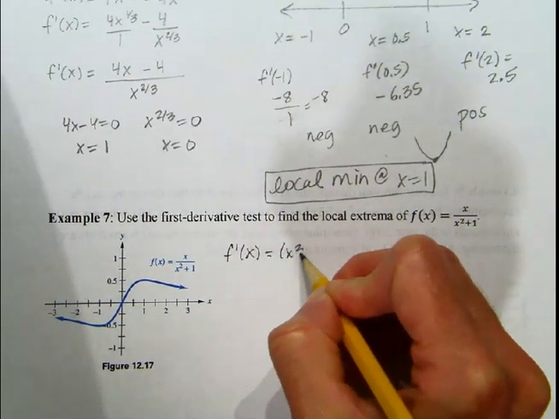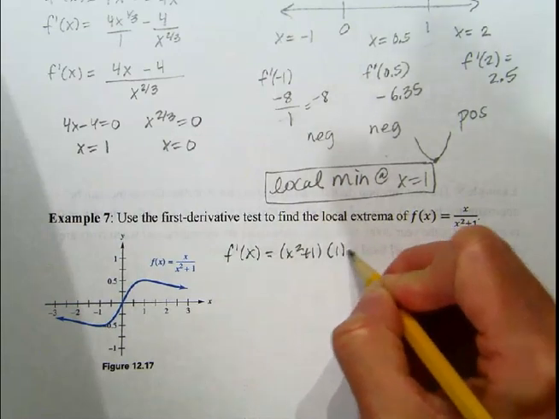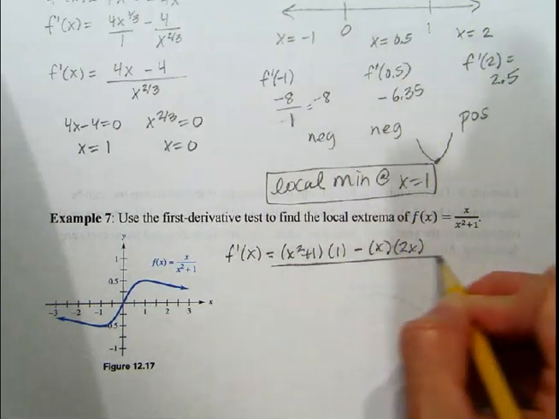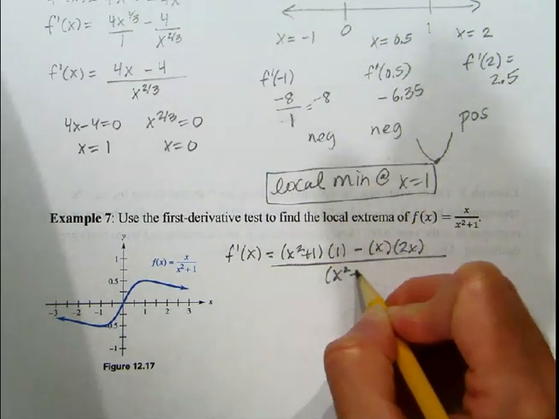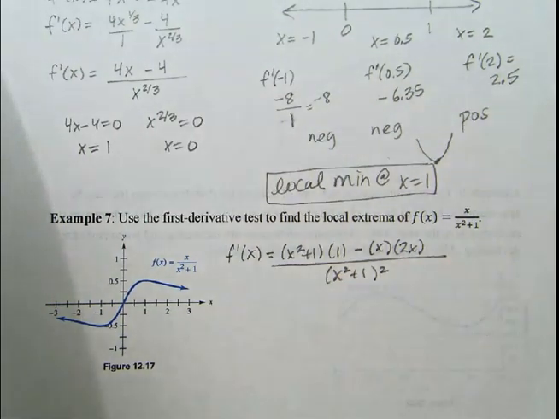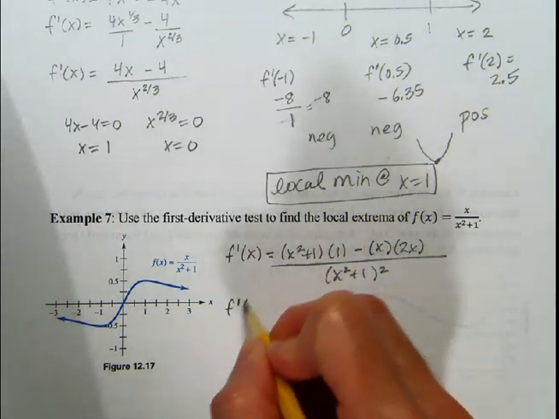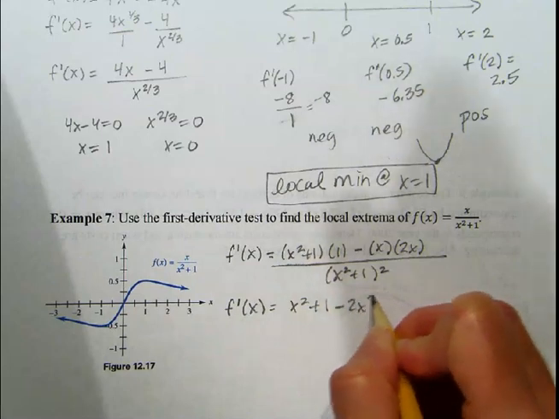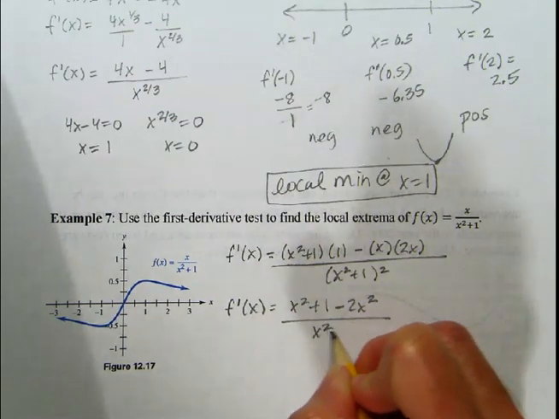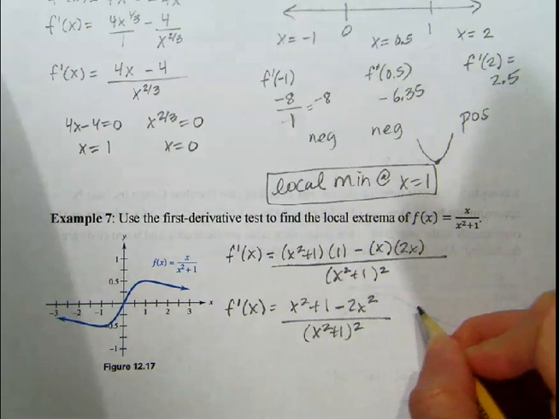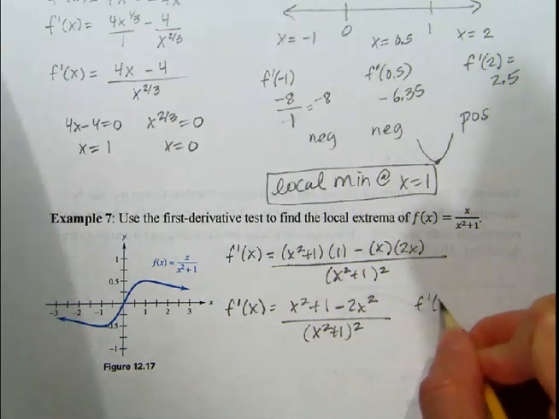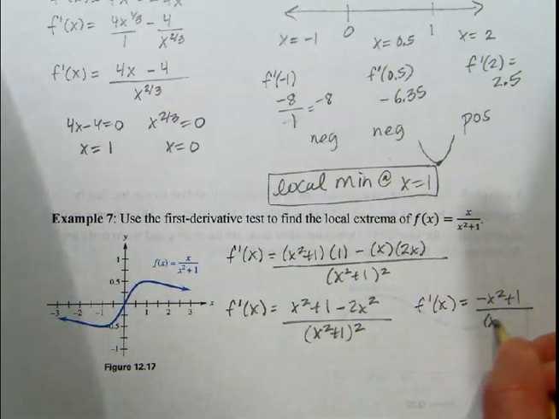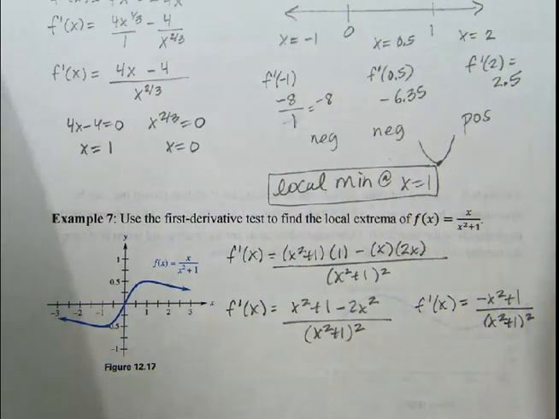Then we kind of clean that up. And so our derivative would be negative x squared plus 1 over x squared plus 1 squared.